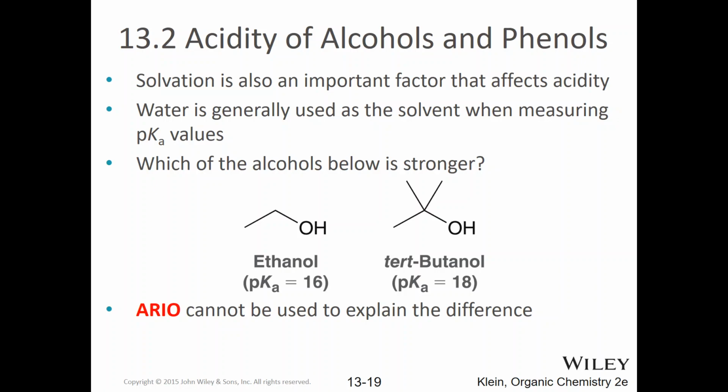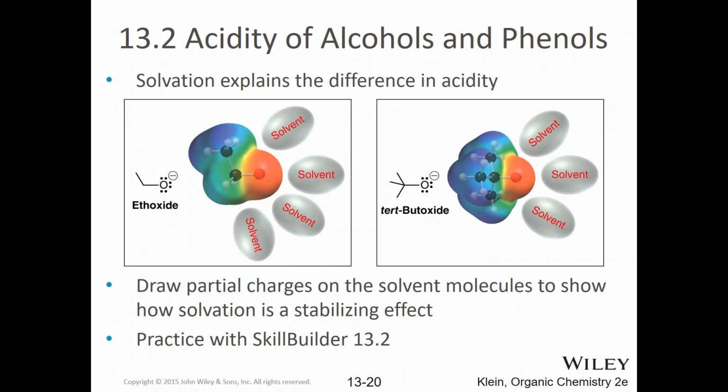And why is it? Well, I think I've got a picture here. It's because when ethanol loses its proton, it becomes ethoxide, right? And so with ethoxide, you've got an electron density map here. Can you see the solvent, which is water molecules, is going to try to take that negative charge, which is red, and try to mollify it, right?